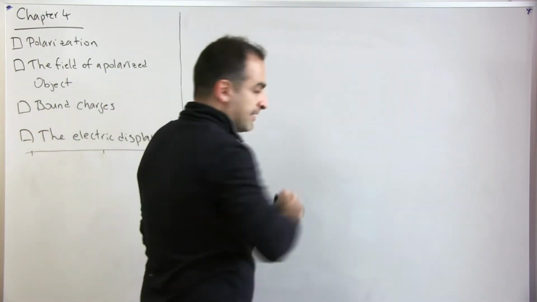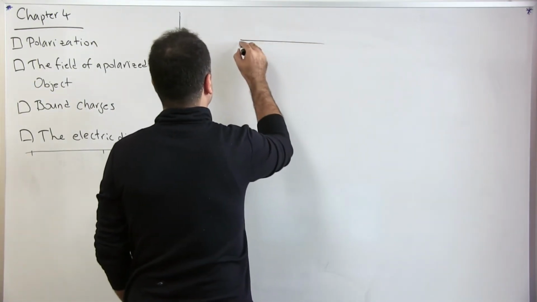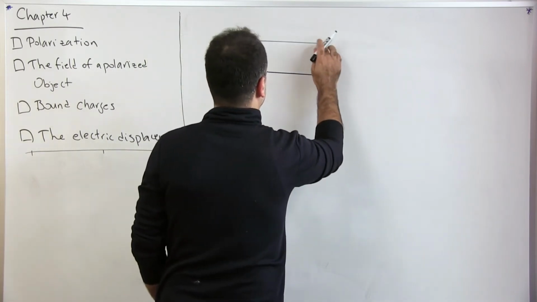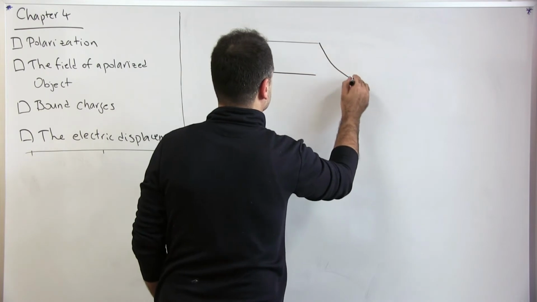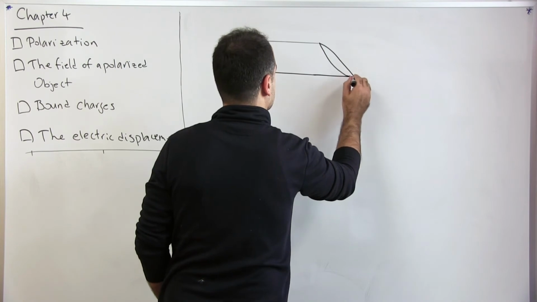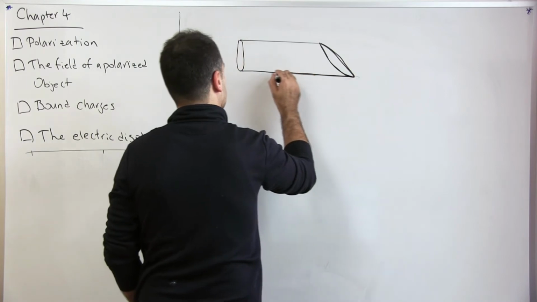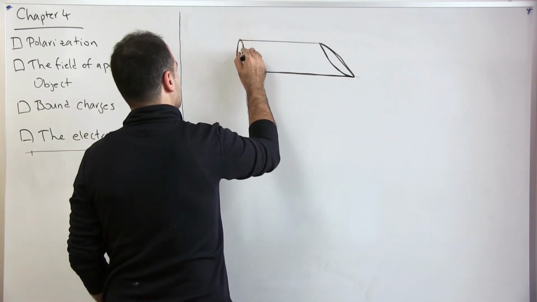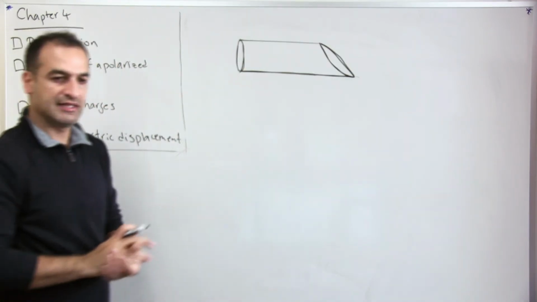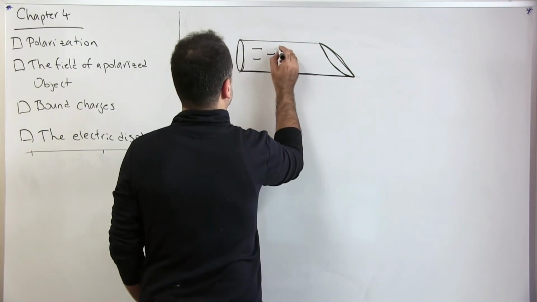Okay, so let's consider we have some cylindrical dielectric. For the sake of argument, let's imagine I cut this part like this, a shape like this, and imagine it has for now a uniform polarization in this direction.